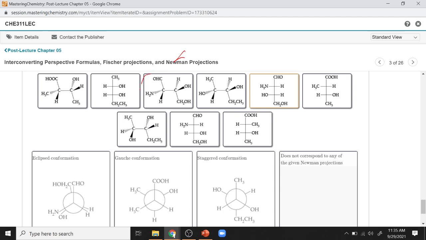Okay, so we're looking at this one right here. In this, these things are represented as being overlapping, right? And so what we need to do is rotate these around so they're overlapping, right? So what would that look like? Well, we keep one side the same.